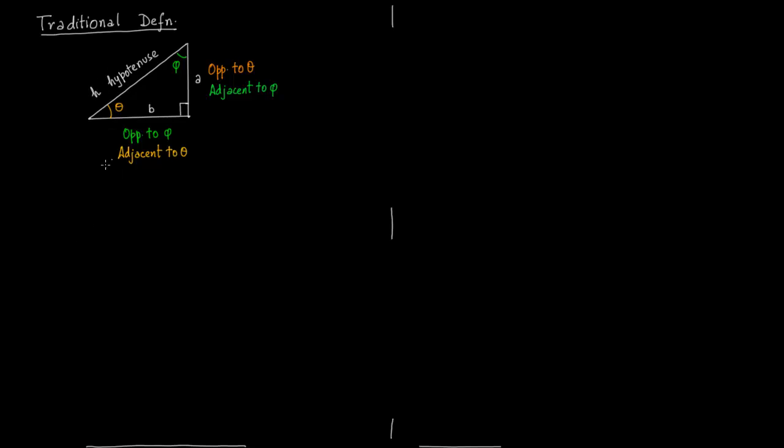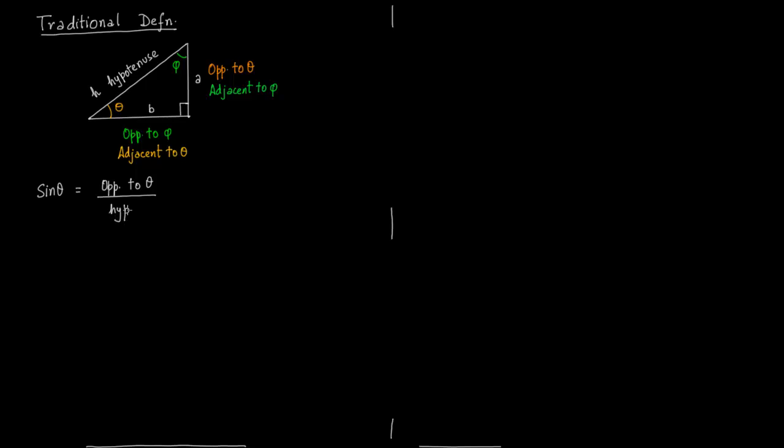So the traditional definition is sine theta is side opposite to angle theta divided by hypotenuse.